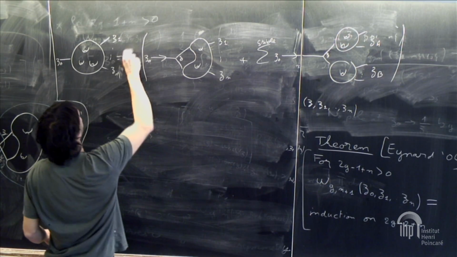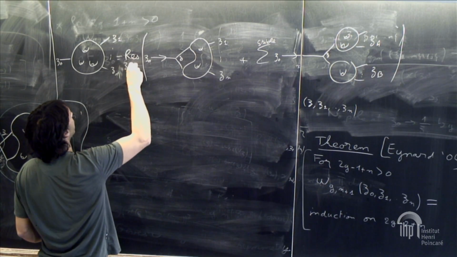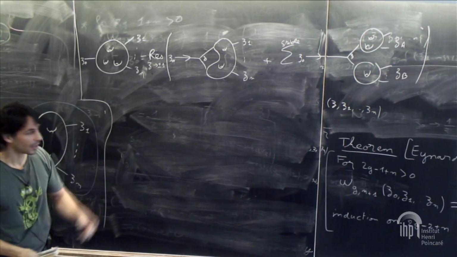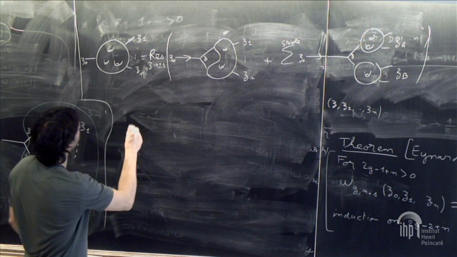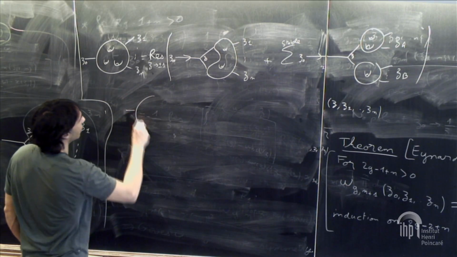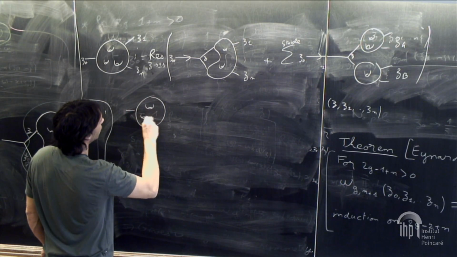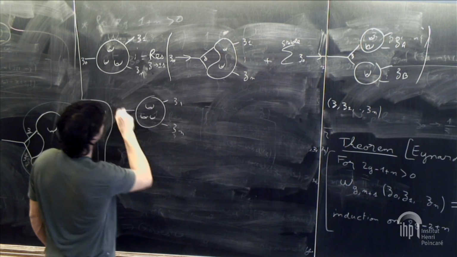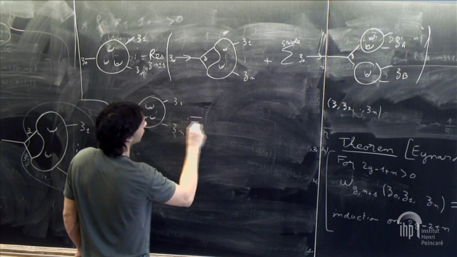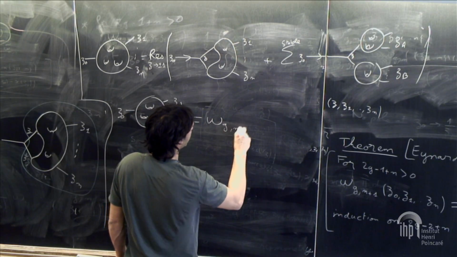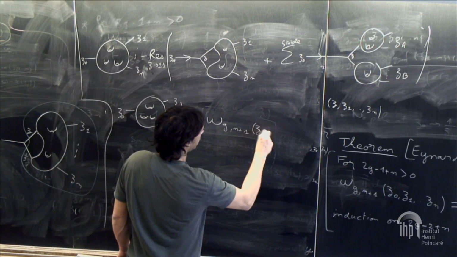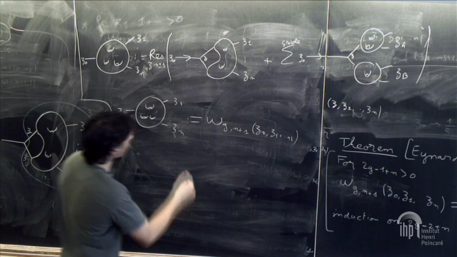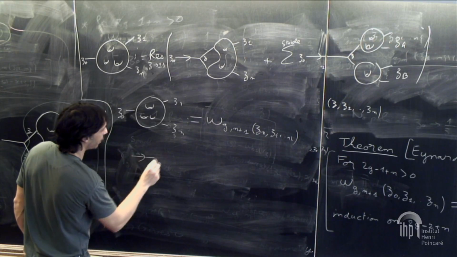And I will take the residue when Z goes to plus and minus 1. So once again, this is a sum of two residues. And what I mean there is that this will represent omega g, n plus 1, of Z0, Cn. Now what about the trivalent vertex?